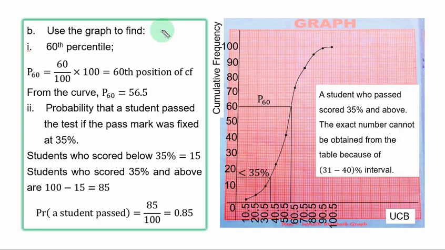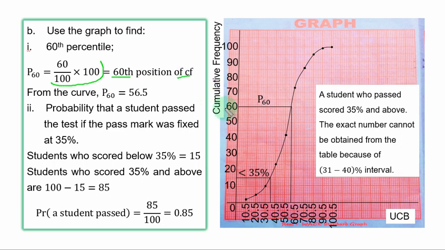So the 60th percentile simply means 60% of the entire distribution. That is 60 over 100 times 100, and you have the 60th position of cumulative frequency.